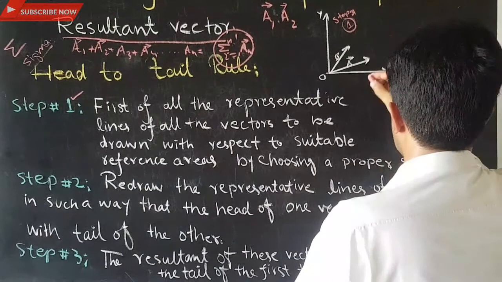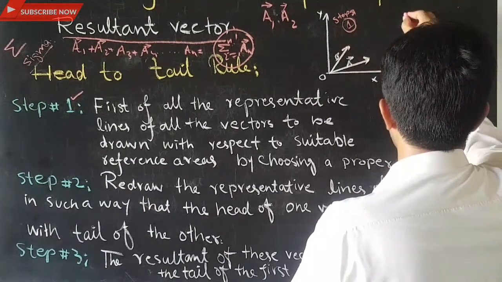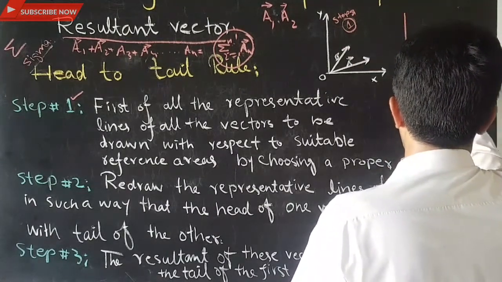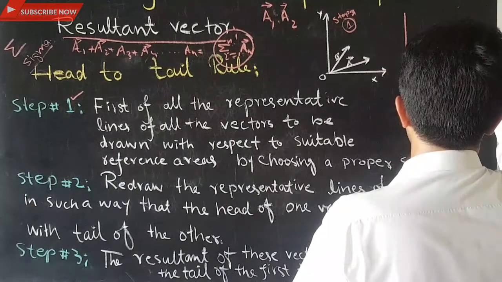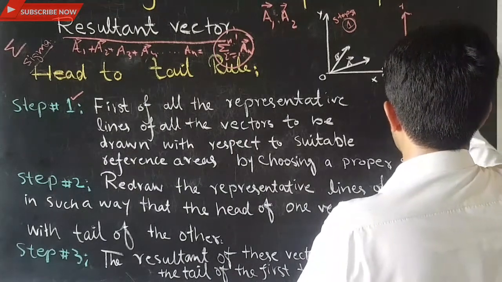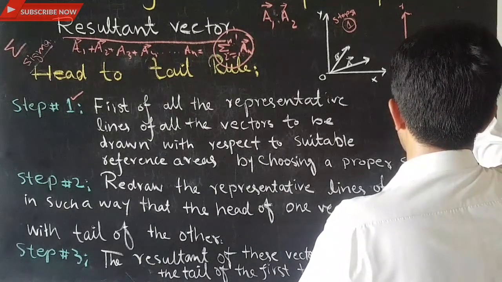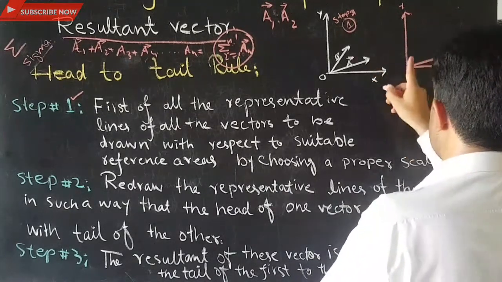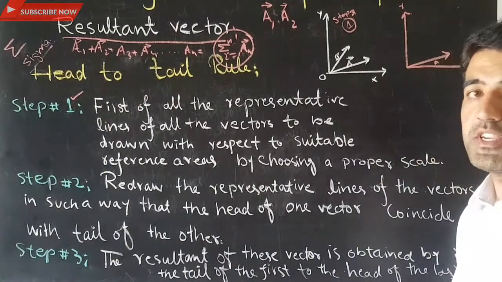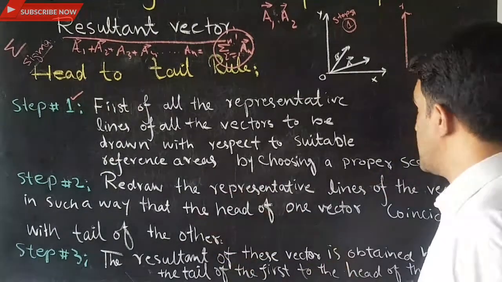According to the scale, I will redraw vectors A and B. This is the x-axis and this is the y-axis. I will redraw vectors A and B in the same direction. This is vector A, which lies in the same direction, and no change occurs while redrawing these vectors according to step number 2.